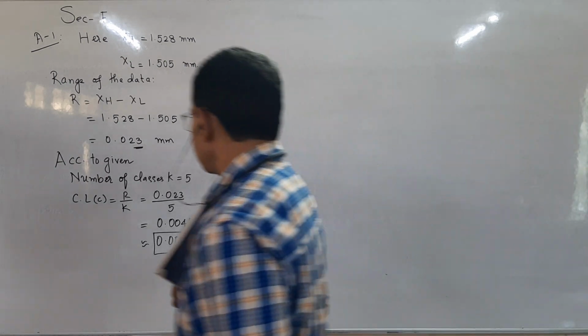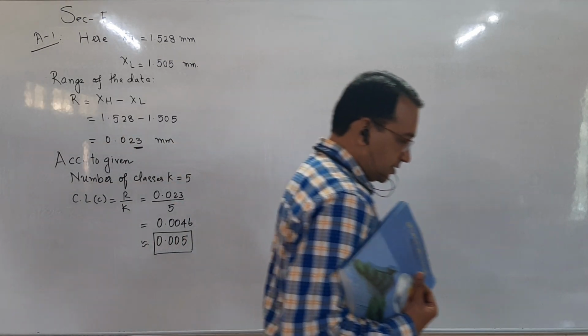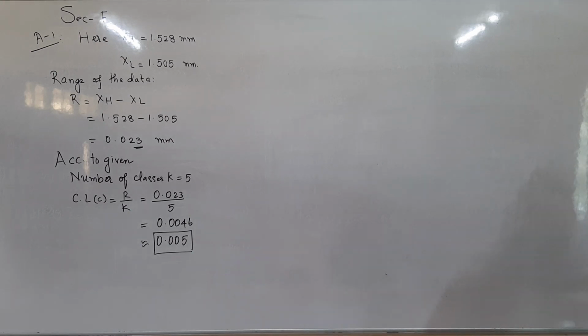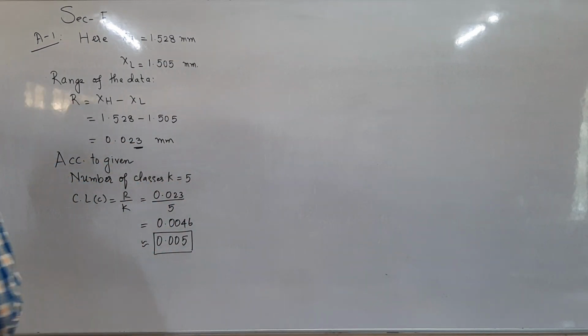So in this sum, students, first of all we have found out the range by locating XH and XL, and we are told in the question that we have to distribute this into 5 classes. So we are given that the number of classes K is equal to 5.